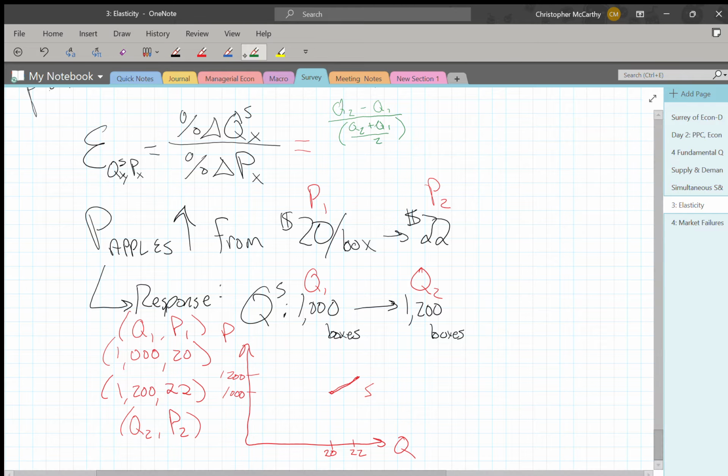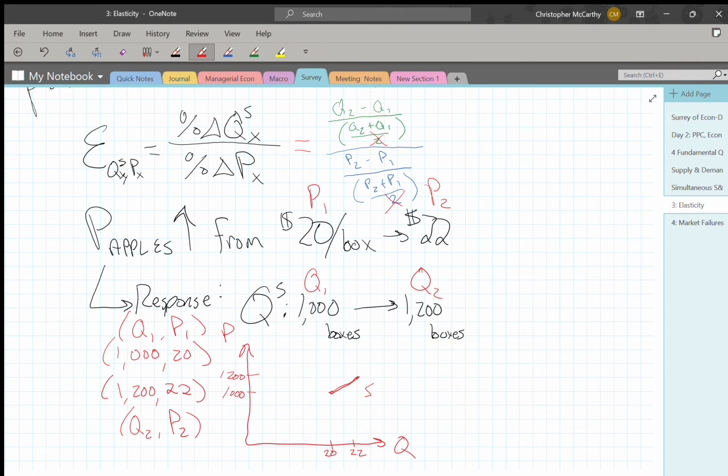And then on the denominator, we end up with P2 minus P1 over P2 plus P1 divided by 2. So what ends up happening is these 2's cancel out. So if we want to solve all of this at the same exact time, we can just ignore the 2's. Since there's a 2 in both of the denominators of the terms, they cancel each other out.